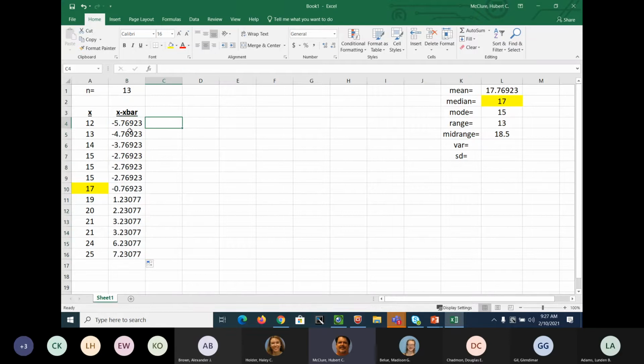Now, we took x minus x bar, now we're going to square it. X minus x bar, quantity squared. And I know I'm going over this twice, but there's a reason. As Miss Gill said, some of you have never had probability and statistics before, and I've got to go over it twice. So, there we go.